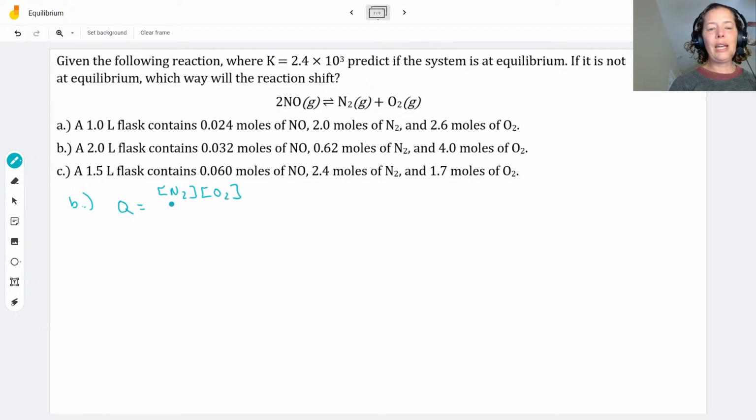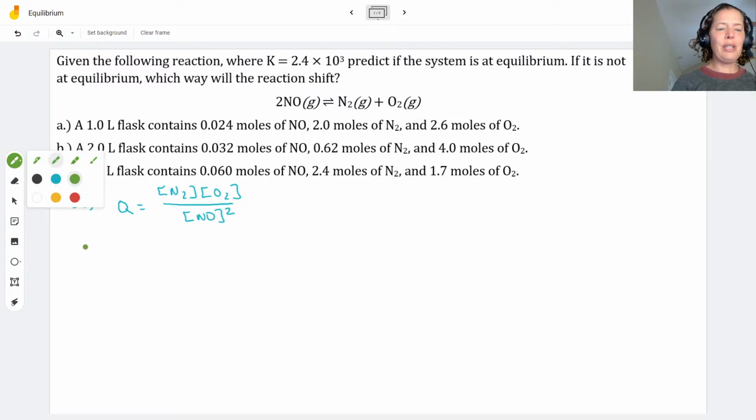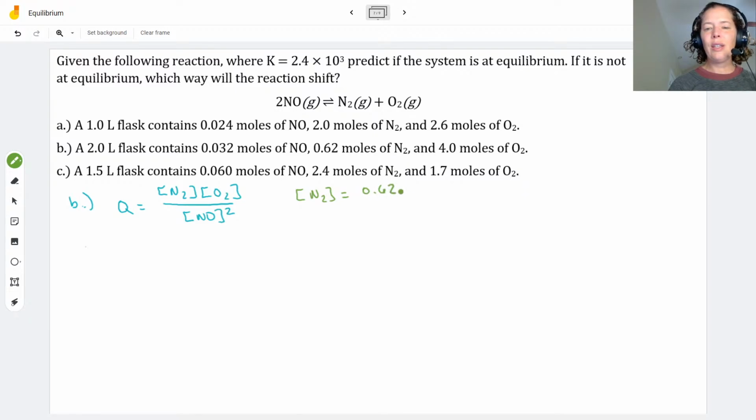So part B, I'm actually going to have to do a little bit of calculation to get those concentrations. So we'll say my concentration of nitrogen is equal to my moles of nitrogen over my volume, which is a 2-liter flask.